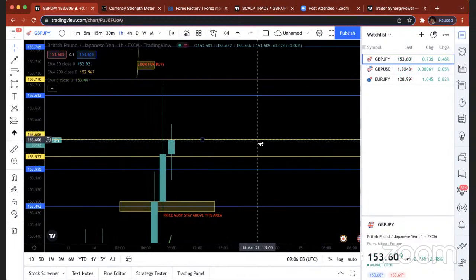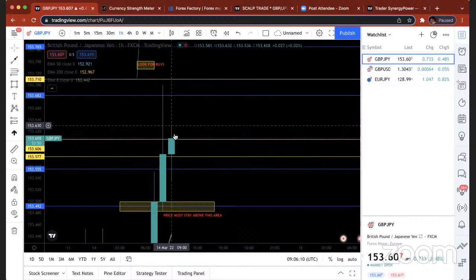So the hourly is still bullish on the hourly. It's left a wick. We just don't want to see it leave a wick at the top and then flip bearish again.